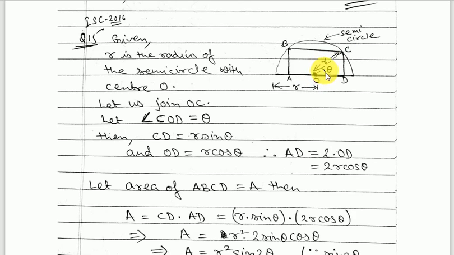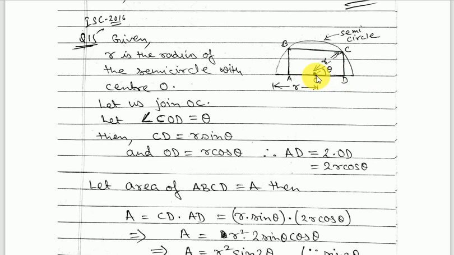An angle will be made between OC and OD. Let that angle be theta. You also know that each angle of a rectangle is 90, that means D is 90. So you can see that we have got a right angle triangle ODC.